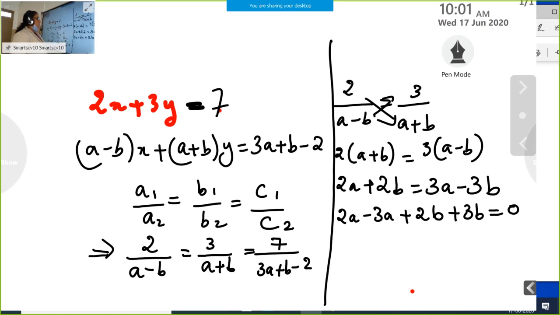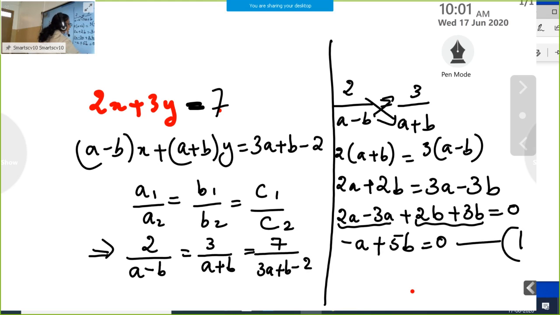Simplify: 2a minus 3a is minus a, and 2b plus 3b is 5b. So minus a plus 5b is equal to 0. This is our equation 1.